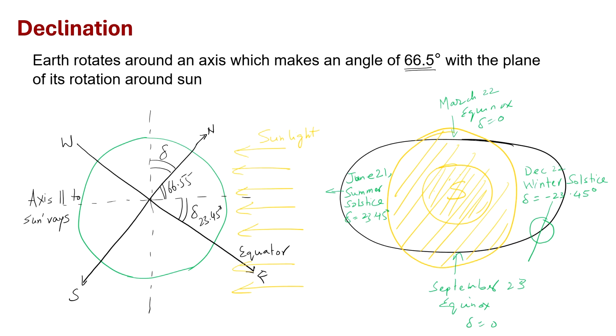So delta varies from minus to plus 23.45 degrees. This is the angular range it varies in, and because of this tilt of Earth's axis with respect to the ecliptic plane, we get differences in seasons, shorter days, longer days, and so on.